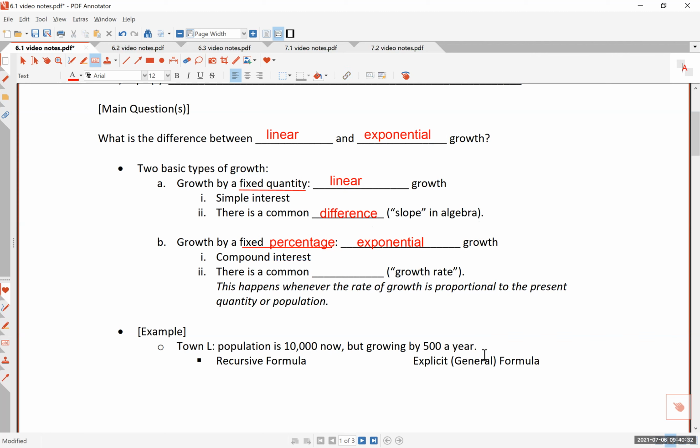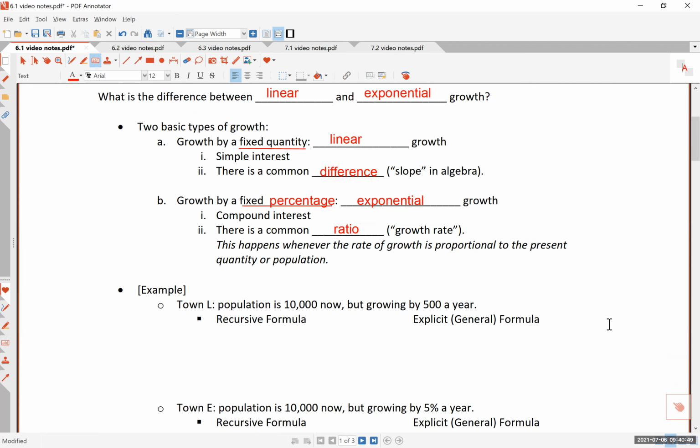Exponential growth. All right, and so an example is compound interest, and then in any of these, there is a common percentage increase, which we call the growth ratio or the growth rate. And so there is a common ratio, which we often symbolize or denote with the lowercase letter r.